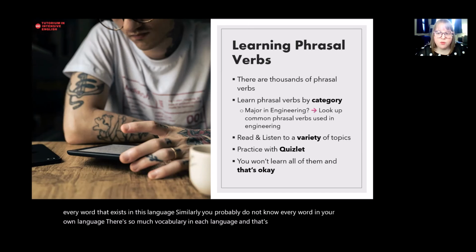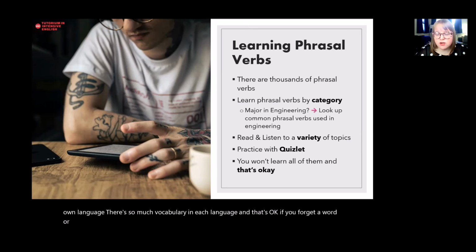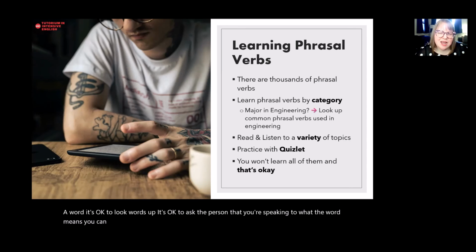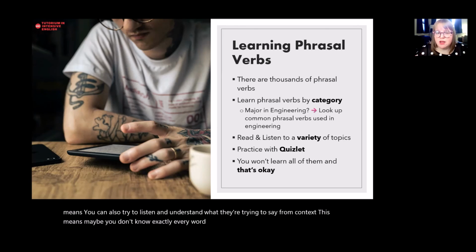If you forget a word or you don't know a word, it's okay to look words up. It's okay to ask the person that you're speaking to what the word means. You can also try to listen and understand what they're trying to say from context. This means maybe you don't know exactly every word, but you understand the general idea. And that is normal for every language learner.